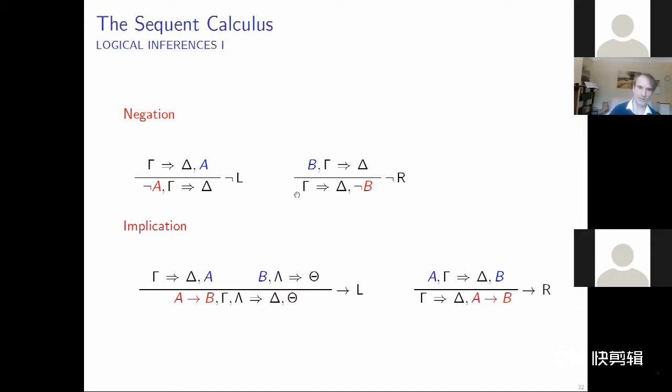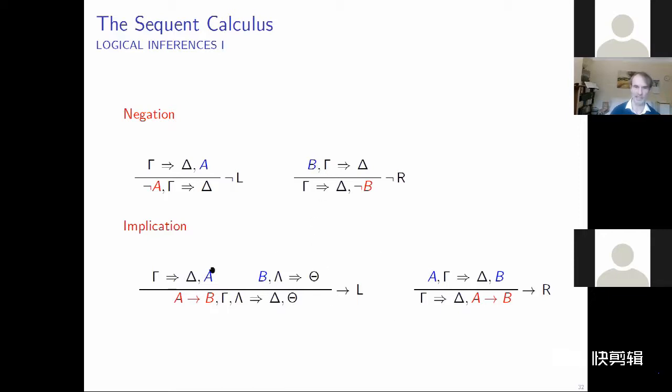Since this is a two-sided sequent calculus, you will always have rules in the case of negation that start where the main formula, the thing that gets worked on, appears in the succedent, and then another rule where the main formula appears in the antecedent of the sequent. And by the way, the notation B, gamma, for instance, just means that you add the formula B to the list of formulas in gamma. It just means appending to the list.